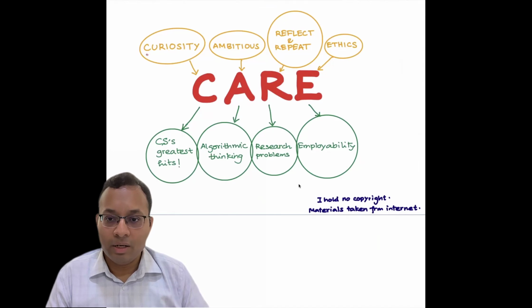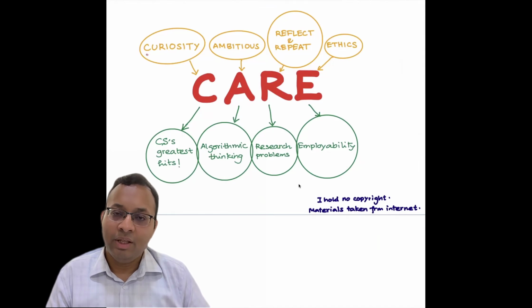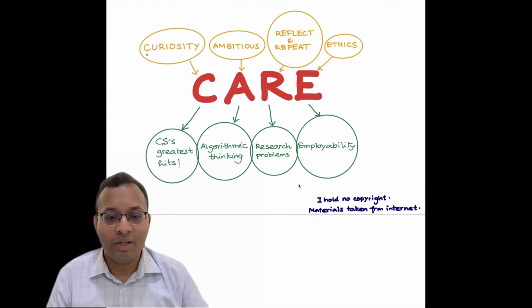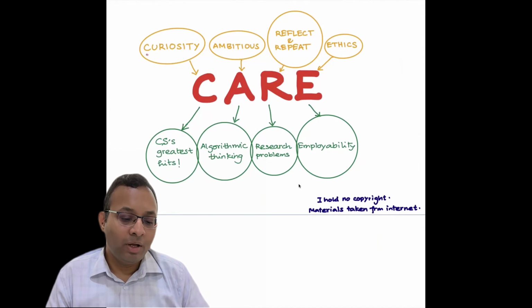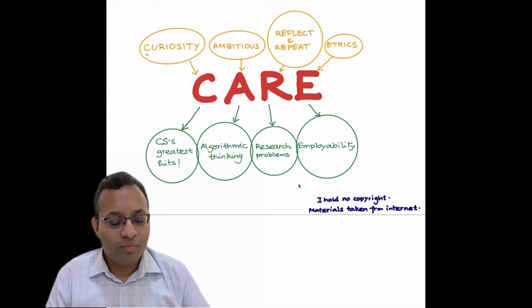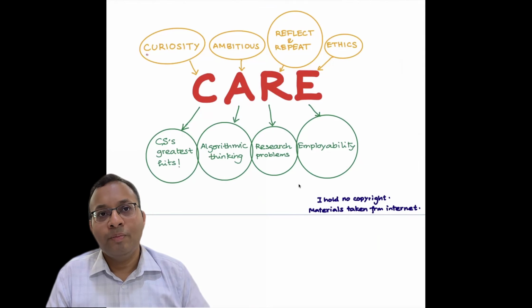Third point is R. You reflect and repeat. It's a very deep subject. Sometimes just reading once, you will not appreciate the beauty. If you read multiple times, then you realize why some algorithm works and what are the pros and cons of different algorithmic paradigms, etc. I took my first algorithm course almost 20 years back, but even now when I read an algorithm, it's from an advanced perspective.